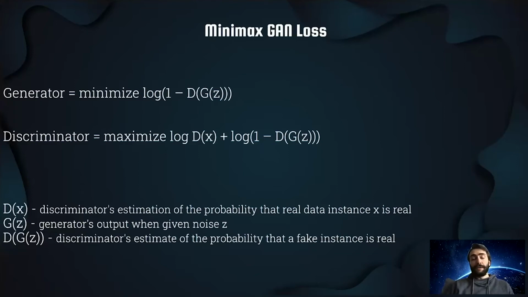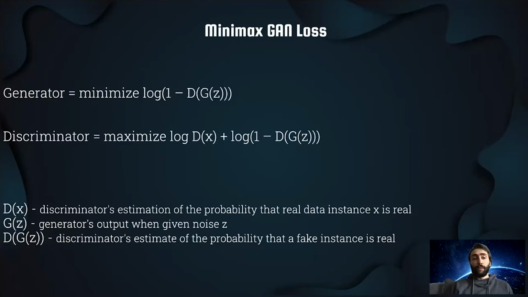As stated above, the discriminator seeks to maximize the average of the log probability of the real image and the log of the inverse probability for the fake image. The generator, on the other hand, seeks to minimize the log of the inverse probability predicted by the discriminator for the fake image. This has the effect of encouraging the generator to generate samples that have a low probability of being fake.